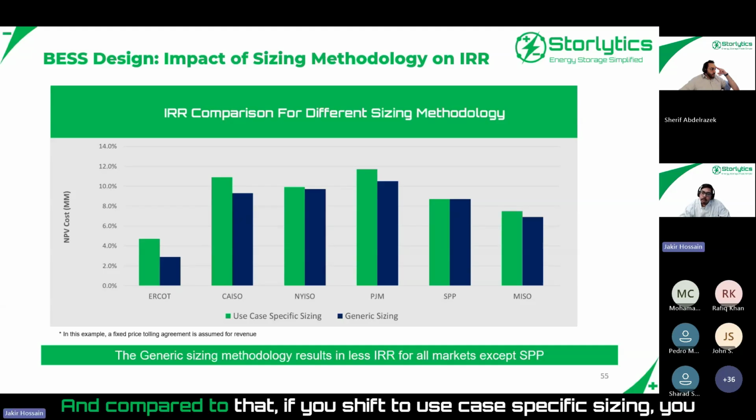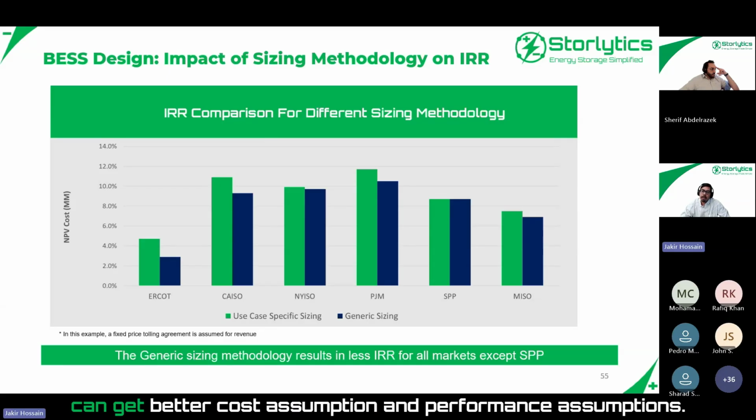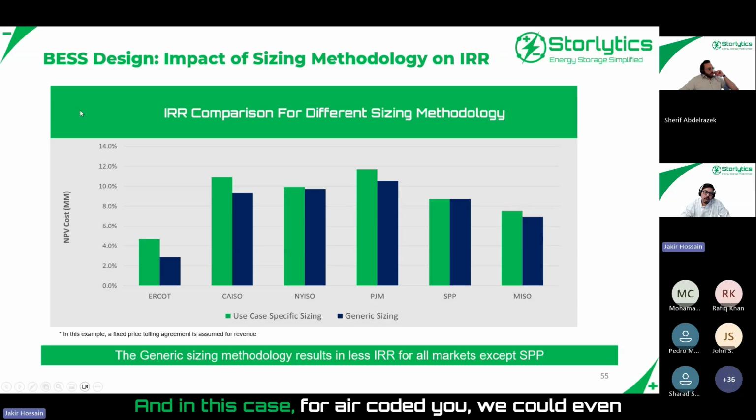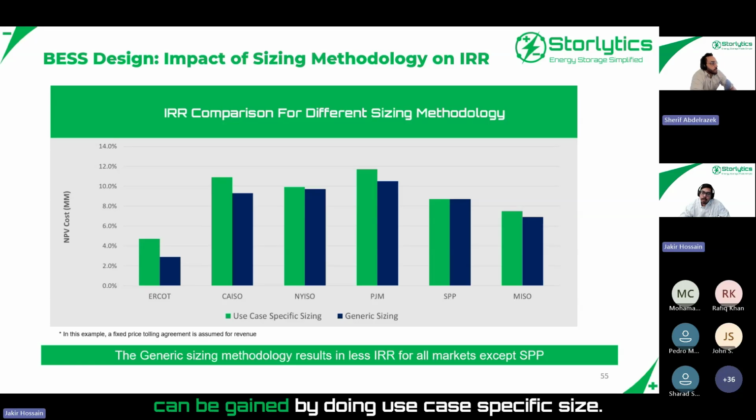Compared to that, if you shift to use case specific sizing, you can get better cost assumptions and performance metrics that allow you to optimize your IRR. And in this case, for ERCOT, we could even see as much as 2% difference in IRR, especially in a market that is that competitive and where the revenue prices are going down. 2% is huge. So there is a lot of efficiency that can be gained by doing use case specific sizing.